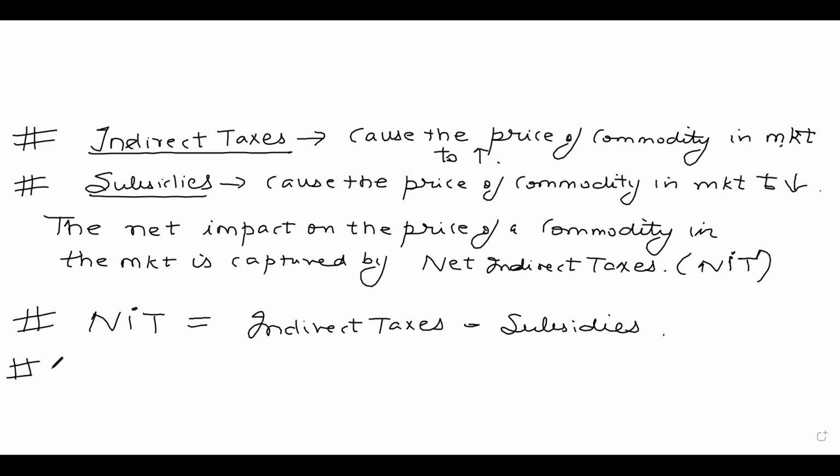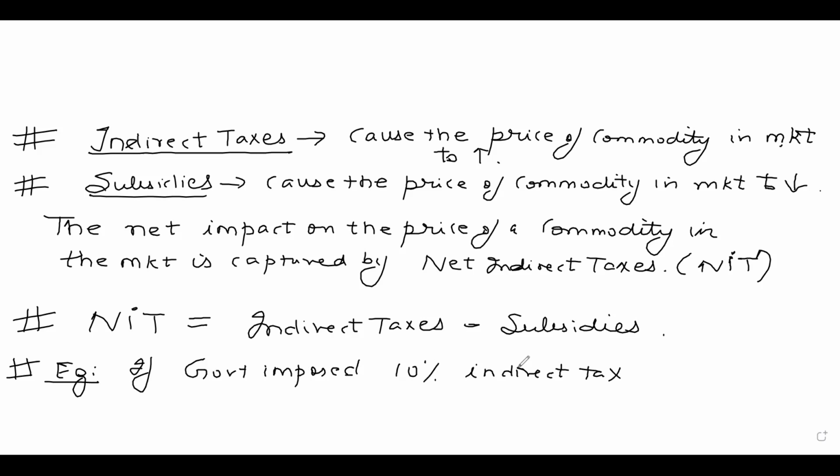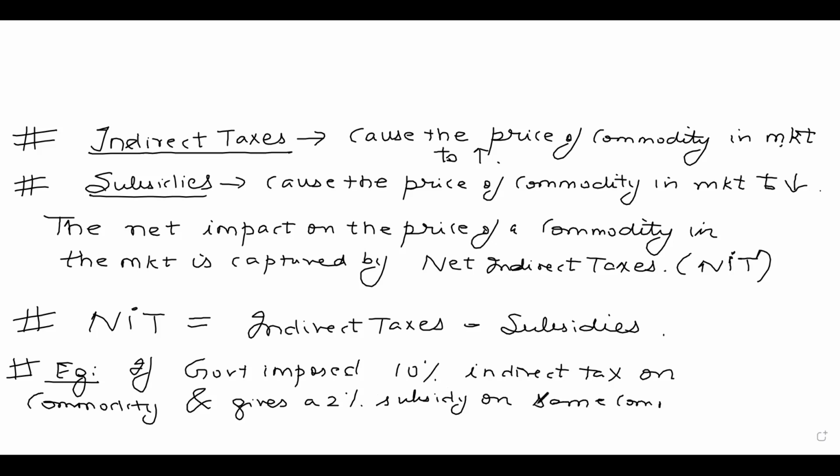So guys, if I take an example, if the government imposes a 10% indirect tax on the commodity and gives a 2% subsidy on the same commodity, what will happen to the price, guys?